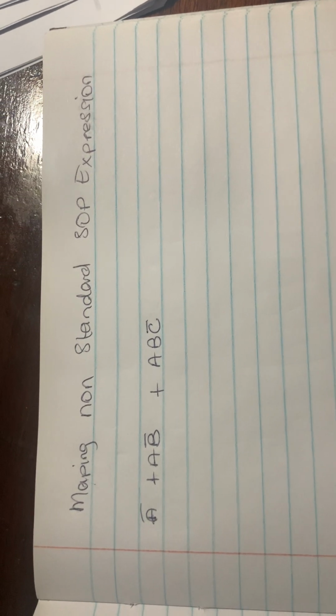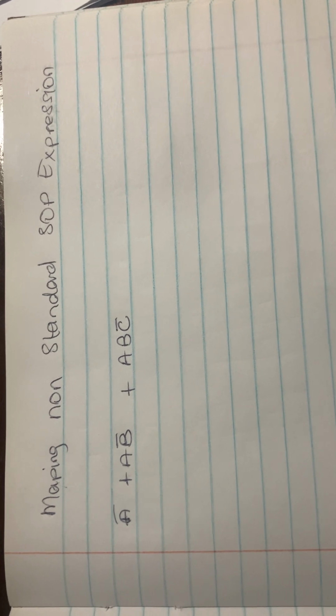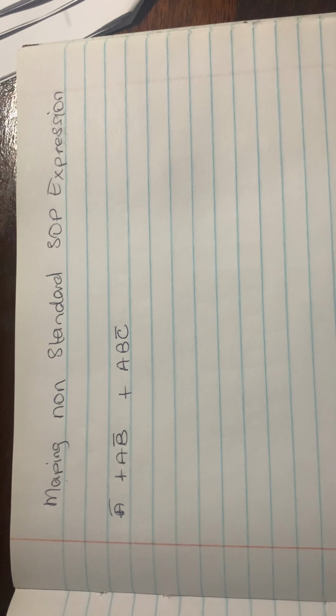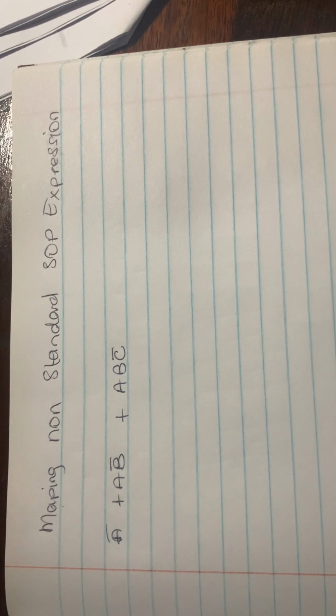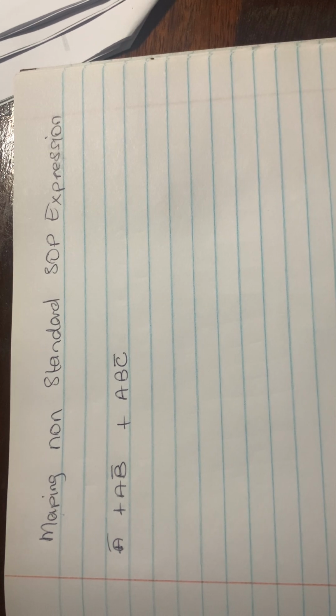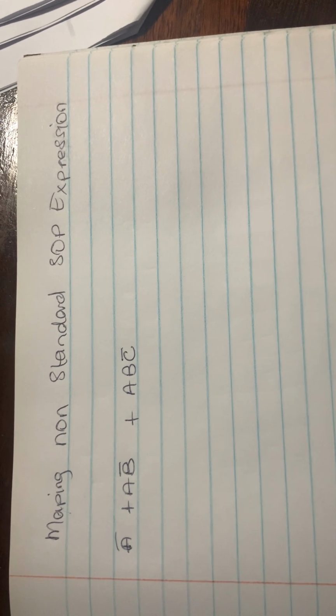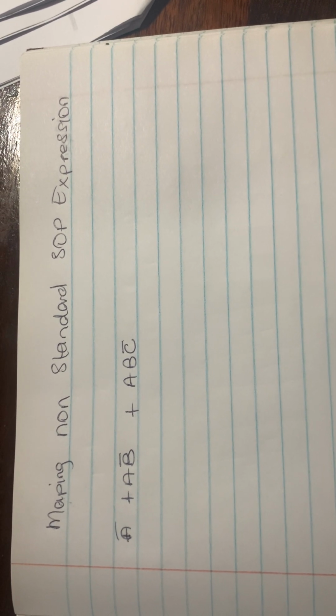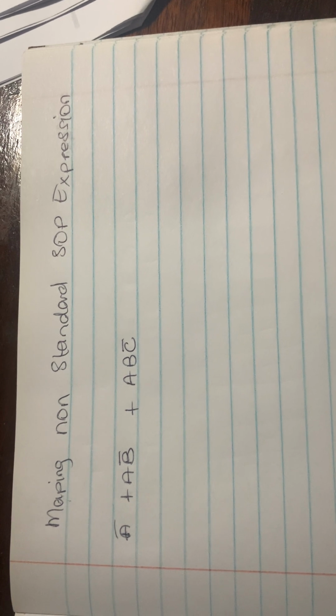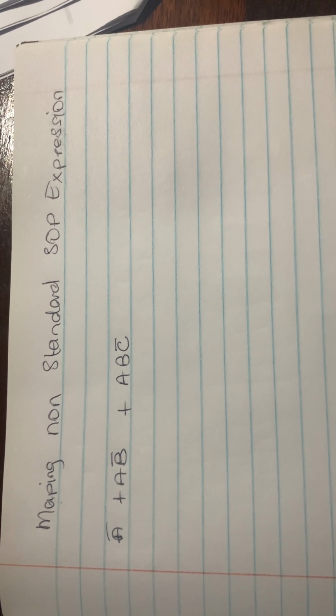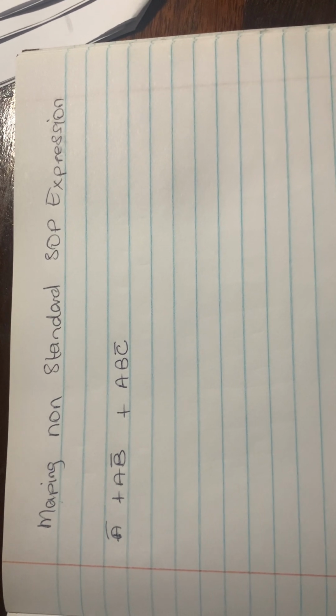They will tell you this, maybe this is a 3 variable, I don't know, but you can find it on your own. If you can see, you have A B C. Now this means your maximum variables are 3, from A to C. So you are dealing with 3 variables.